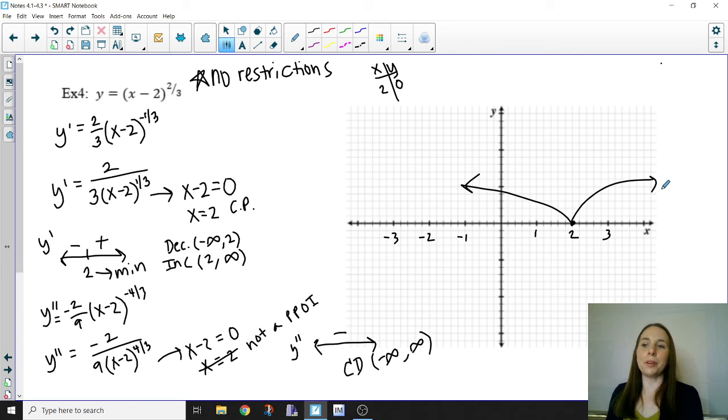Now, we could pick some other points to try to make a more accurate graph. But honestly, I'm going to move on because I'm going to try to keep this video not an hour long. So there you have it. Decreasing to our minimum, increasing on the other side, concave down throughout, very poorly drawn, but there it is, and it reviews everything you need to know.